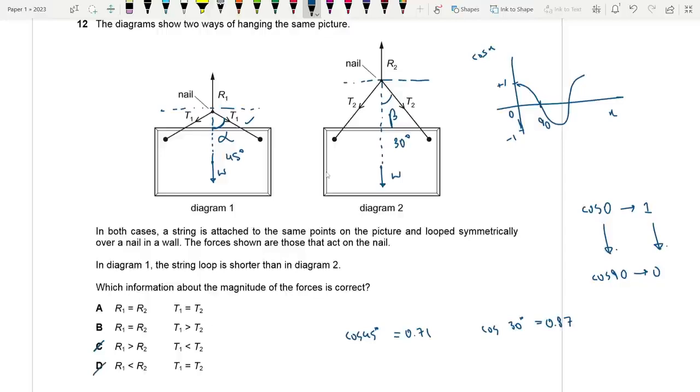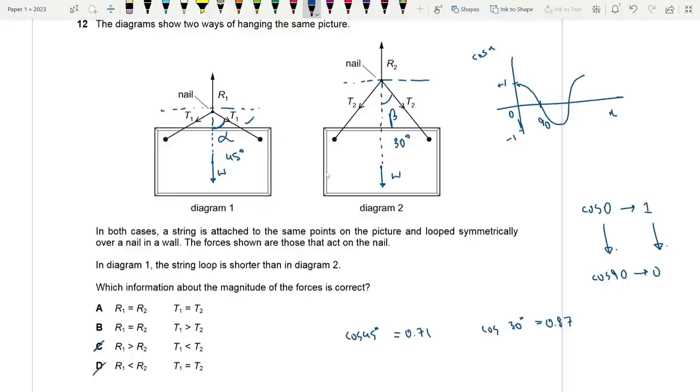So as we decrease the acute angle, the value of cos is increasing. So in this specific diagram, T2 cos beta has a higher value than T1 cos alpha, right? Clearly, because cos 30 is higher than cos 45.